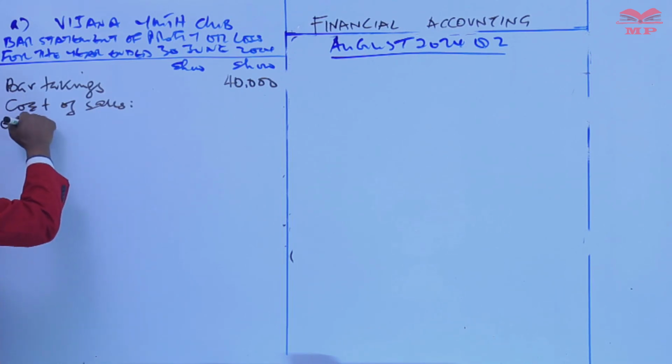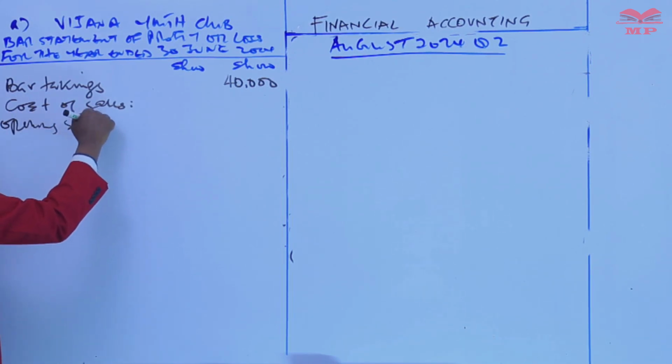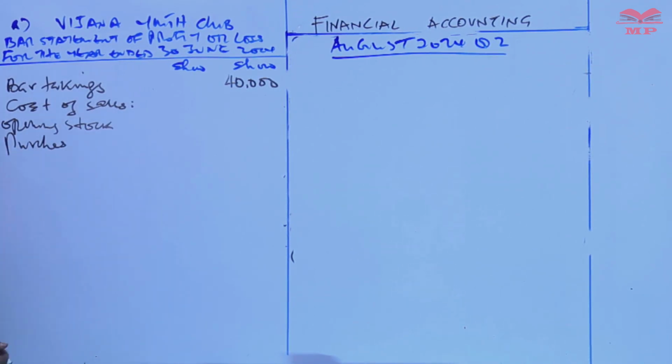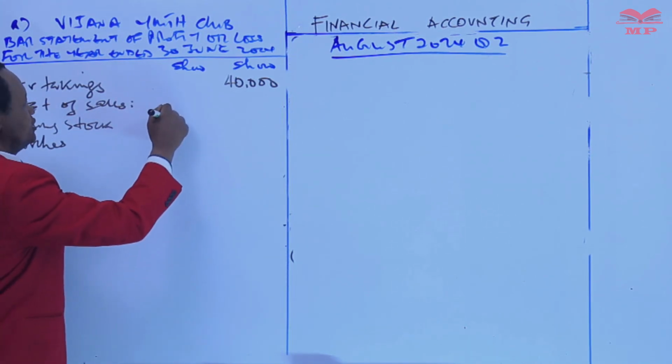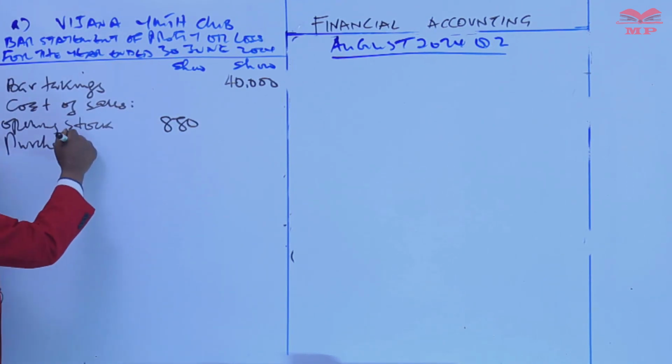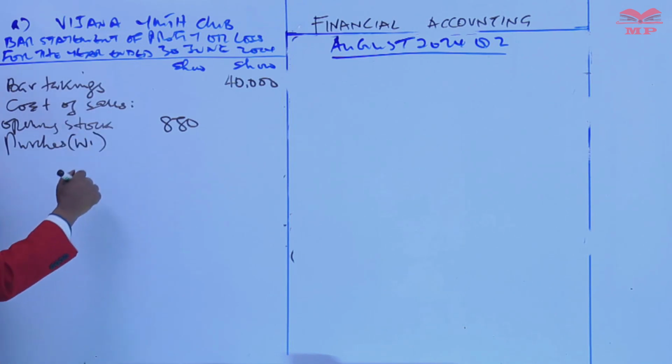What is the opening stock? Purchases. The opening stock is from note number 4, candidates. Look at note number 4. Note number 4, we have bar inventory opening is 880. Purchases, we need to have a working because there is information in the receipts and the balances in note number 4.